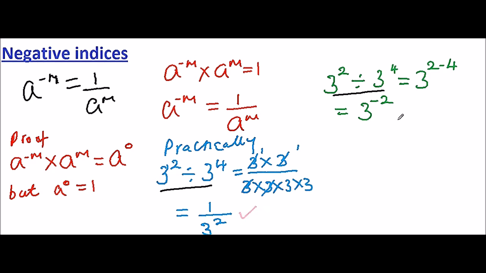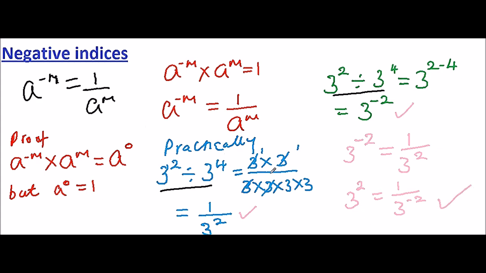Therefore, this is what we call a negative index: 3 to power minus 2 is equal to 1 over 3 squared. Alternatively, you can also write 3 to power 2 as 1 over 3 to power minus 2. So that is what we refer to as a negative index.